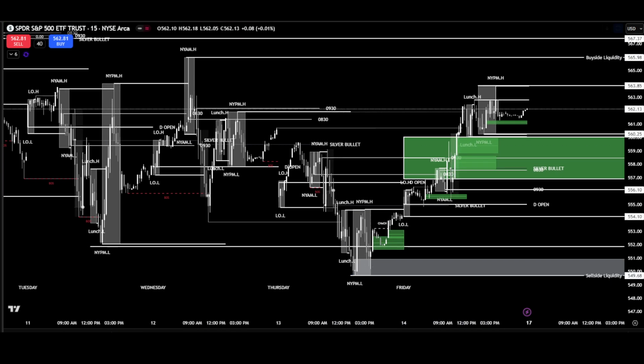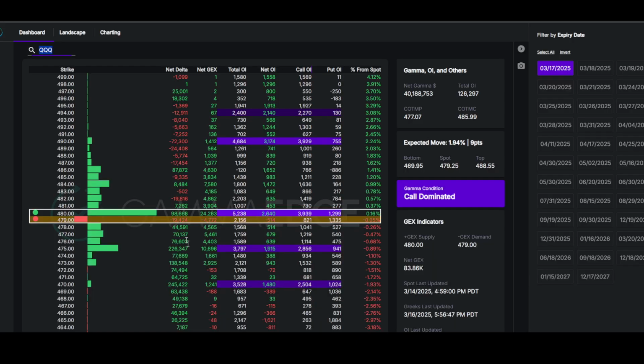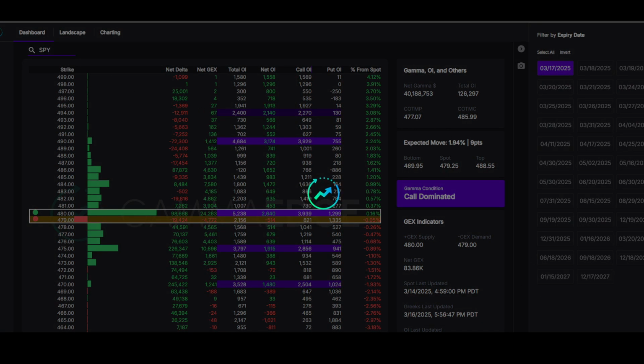And then we'll do like we did on QQQ. We'll jump over here. We'll hit SPY on the Gamma Edge. I'll go over to the Gamma Edge platform. Again, I want to remind you guys, maybe we should figure out a way to post some of the commands up in our server so that you guys could request commands to be run.